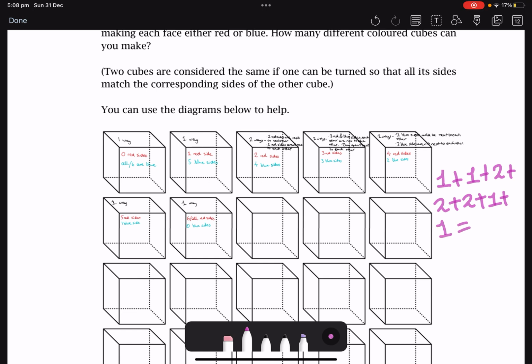And I hope you all know how to count. So 1 plus 1 plus 2 plus 2 plus 2 plus 1 plus 1 is 10.